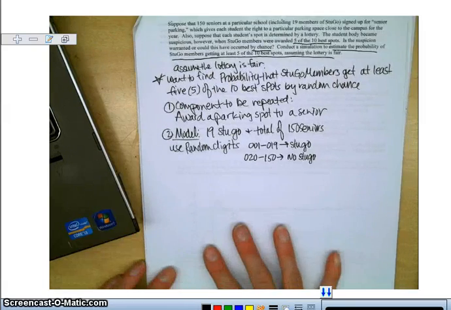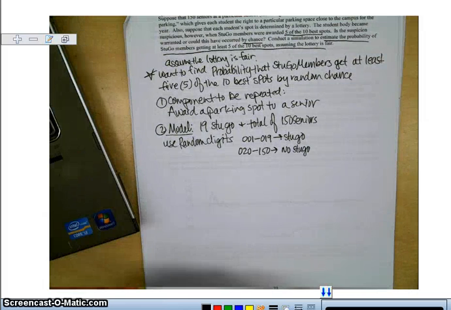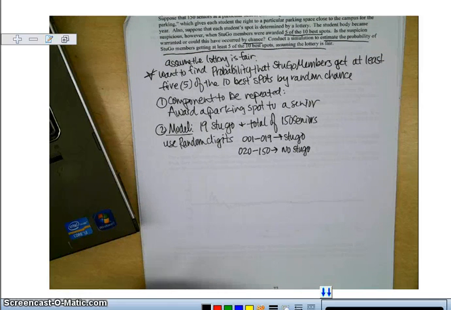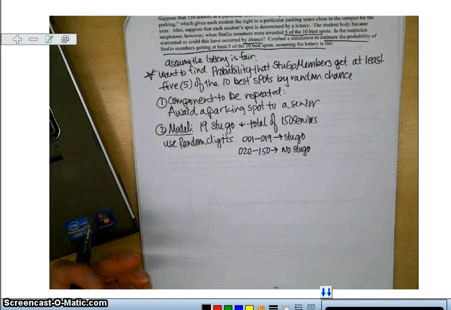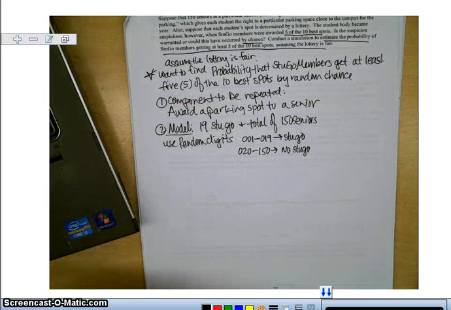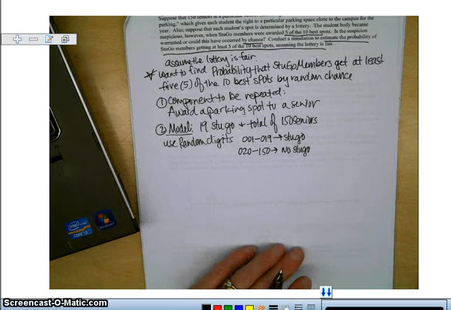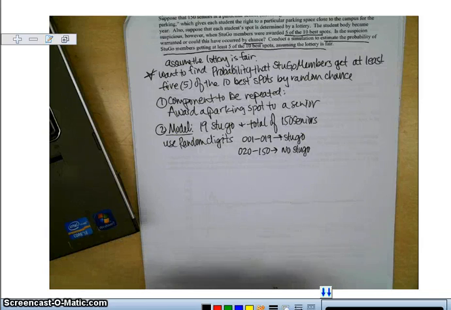So in other words, I'm going to use a random digit table, or I could use my calculator, and I'm going to select 10 seniors to get parking spots.